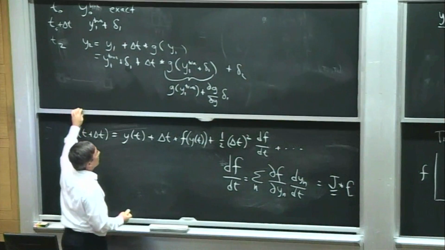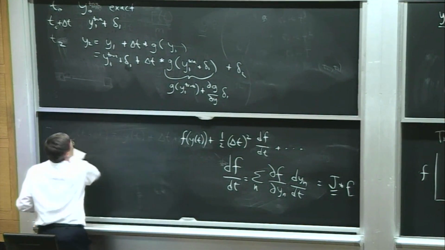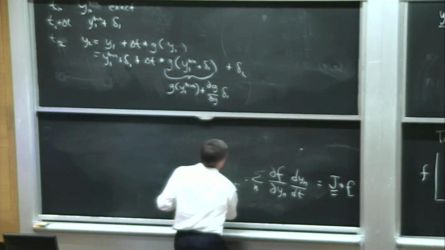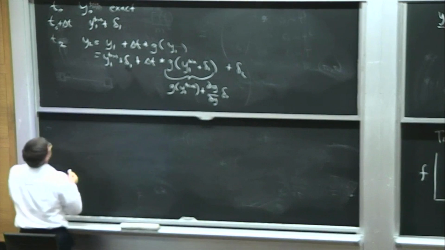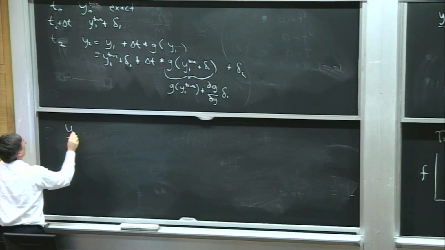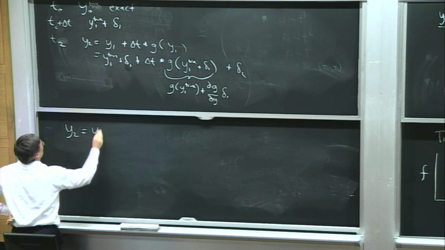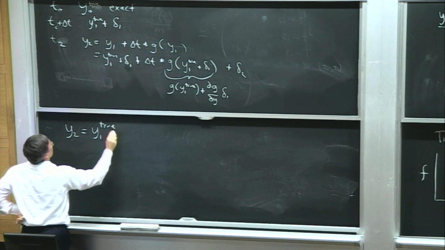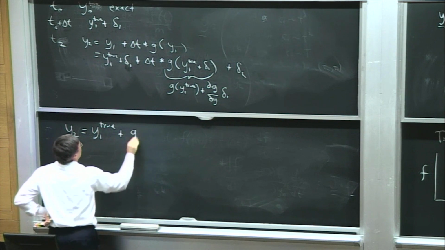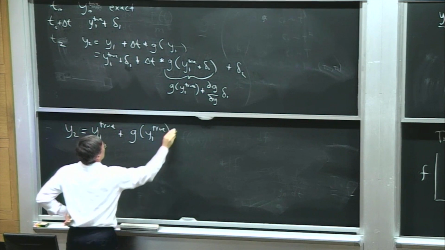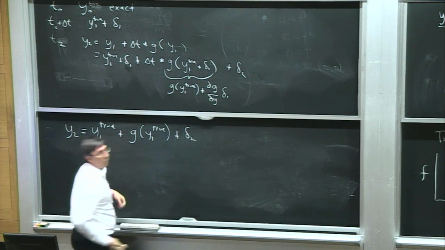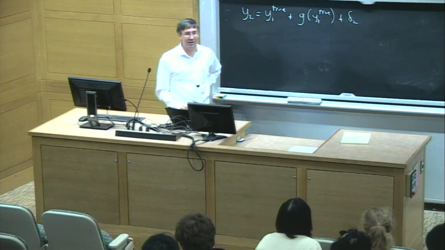Now let's group the terms. Y2 is equal to Y1 true plus the update formula of Y1 true, plus the error in our update formula if we had started at the true value.